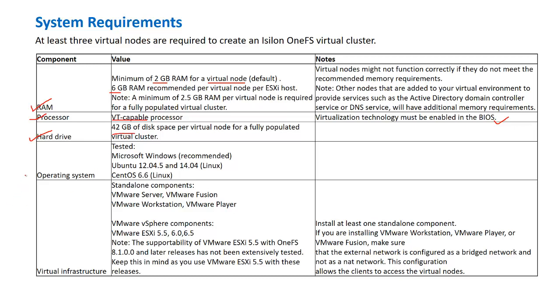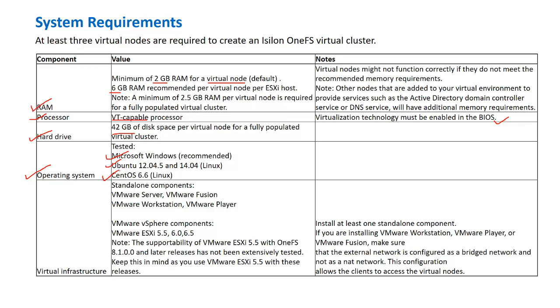And then you can install this OVA file, or you can set up this ISILON cluster on a Windows machine or Ubuntu or CentOS. On top of this, we need a virtual infrastructure.